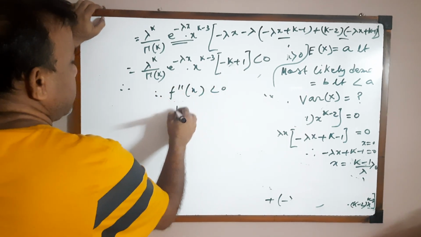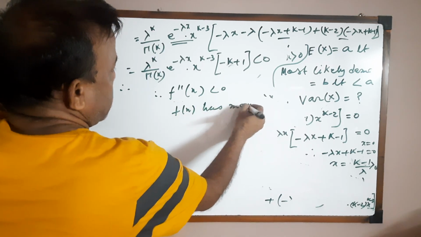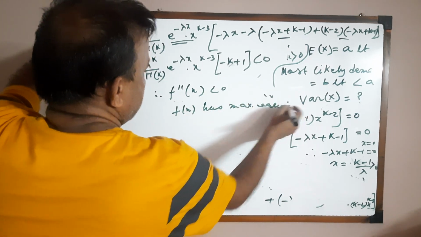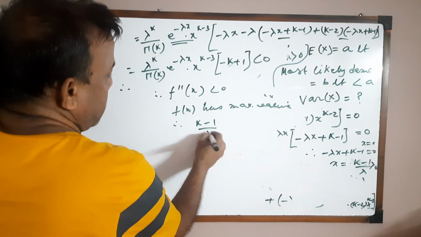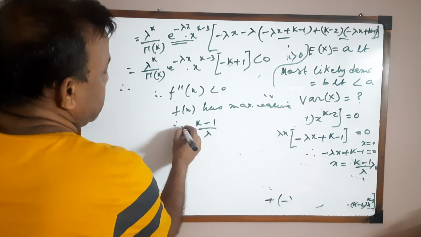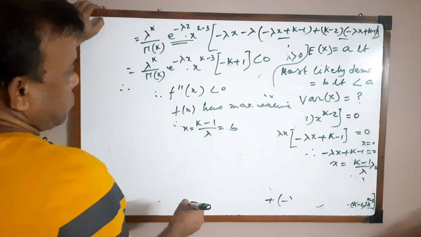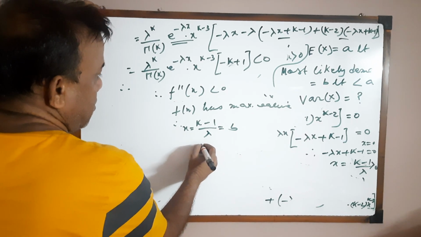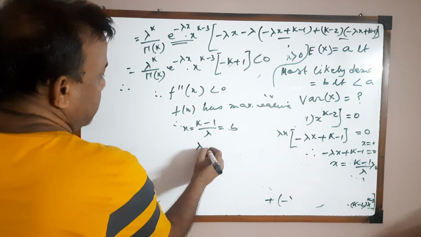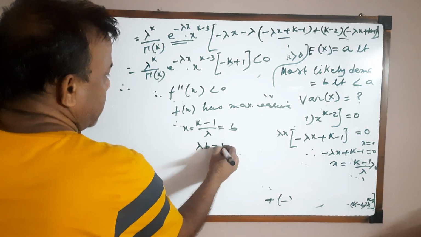Therefore k minus 1 by lambda is equal to b, so lambda b equals k minus 1.